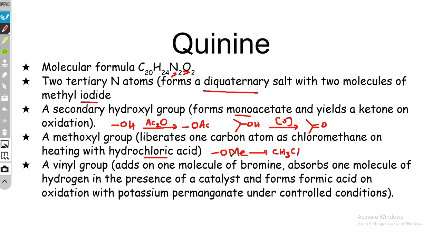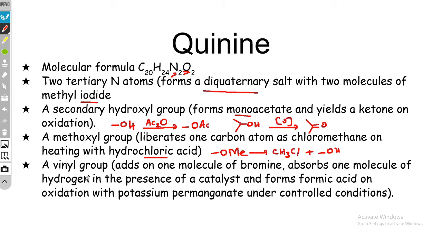That is, when the methoxy group is hydrolyzed in presence of HCl, the OH group becomes free, and this Me will go with Cl and form chloromethane. So one of these oxygens will be a part of a methoxy group.